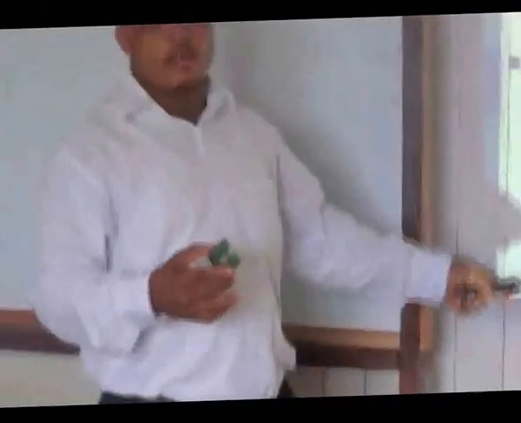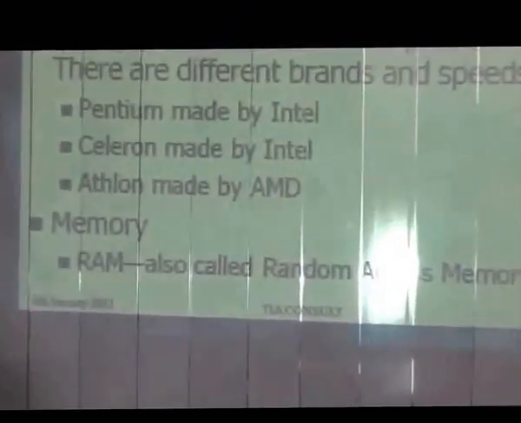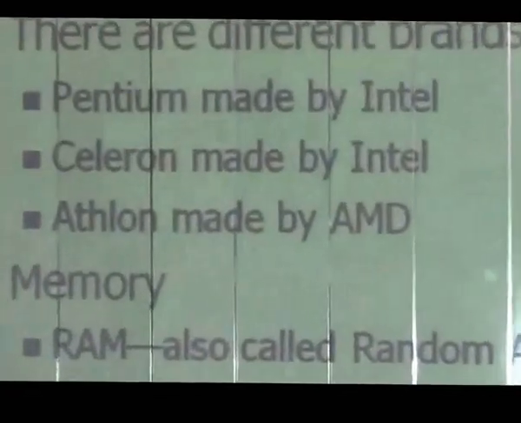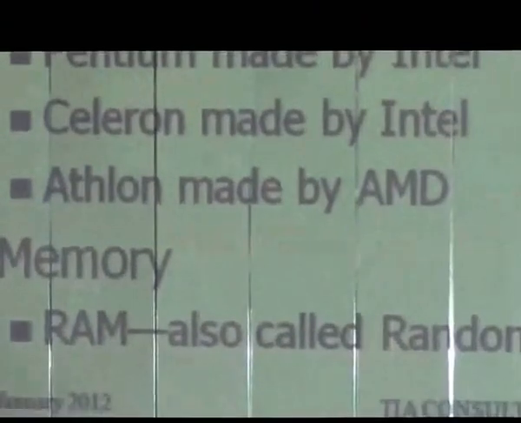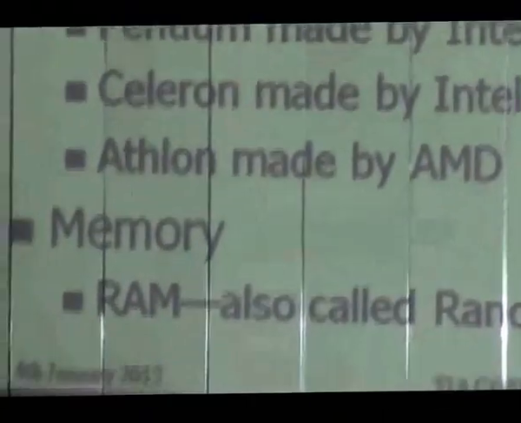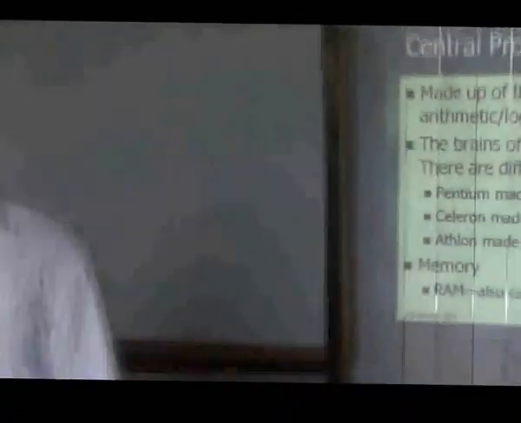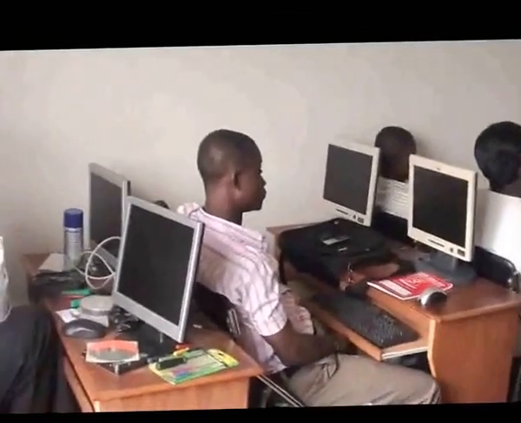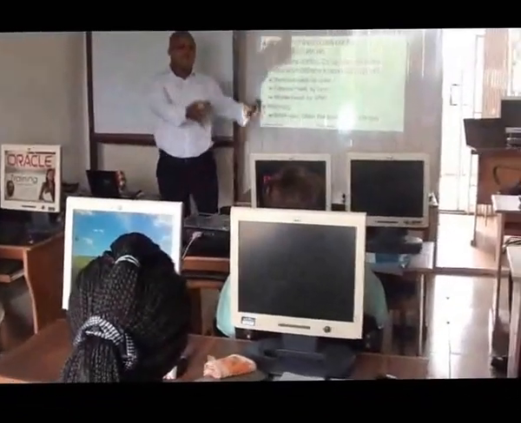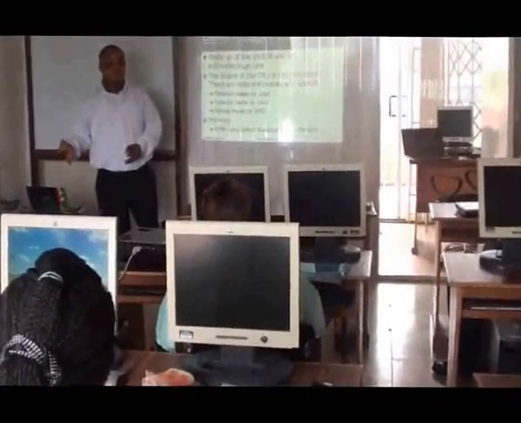Then Intel also came up with another one called Celeron. Okay, so the processor's name will go with that one. Then Athlon. Athlon is also another processor which was made by AMD. Okay? Now, these processors, all they do is they are able to help us convert our data into information.